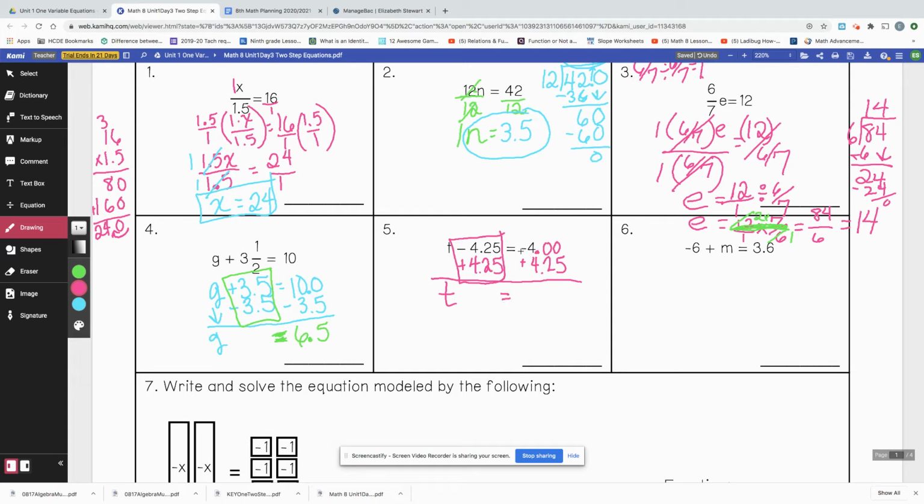That zeroes out. Now I have negative 4 plus 4.25. So my integer rules tell me that, or I could commute the 4.25, it's positive, minus 4.00, then I would easily see that I have 0.25. So T is equal to 0.25.